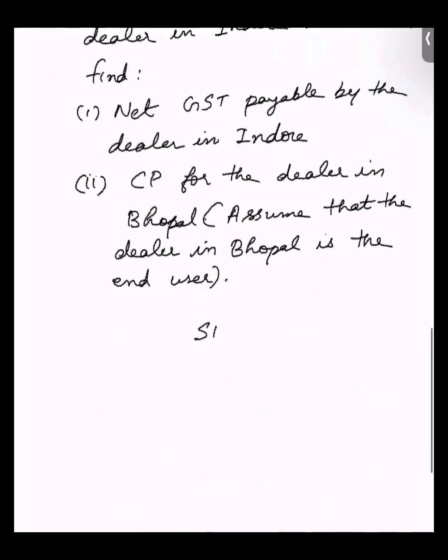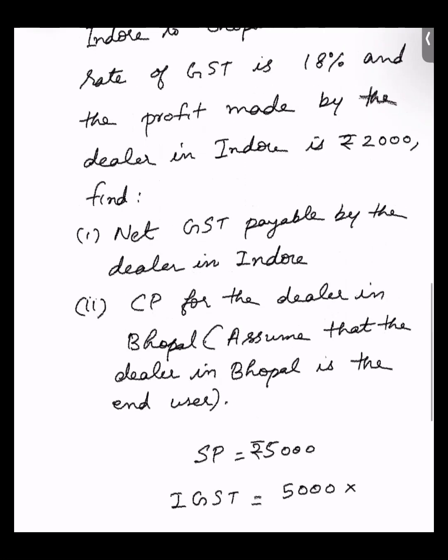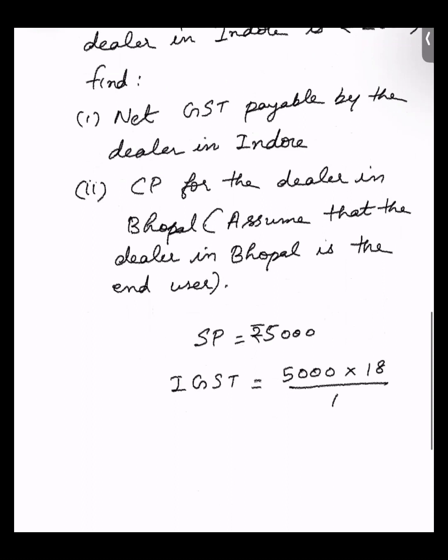IGST would be 5,000 into, what is the rate? 18%. 18 divided by 100. That will give you 900 rupees. So IGST is 900 rupees.